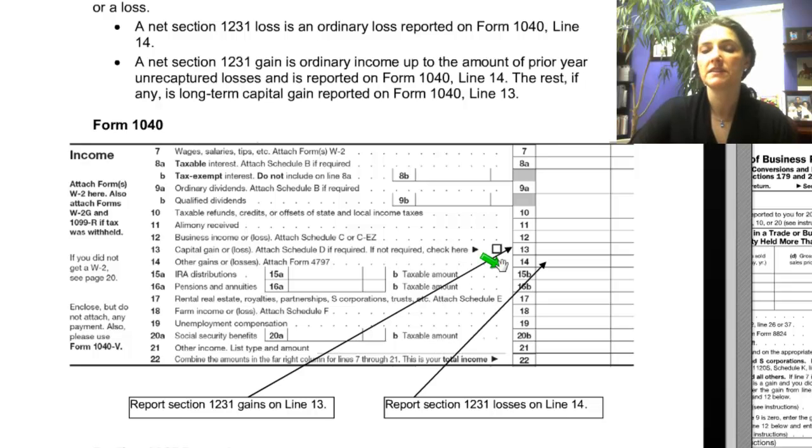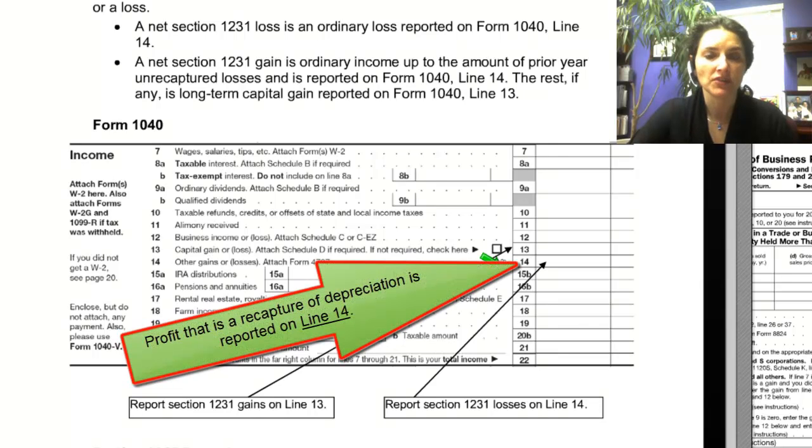If you sell a business asset at a profit and you previously claimed depreciation on that asset, then you need to figure out how much of your profit is a result of a recapture of depreciation. And to the extent you have profit from the recapture of depreciation, that profit is reported on Line 14.